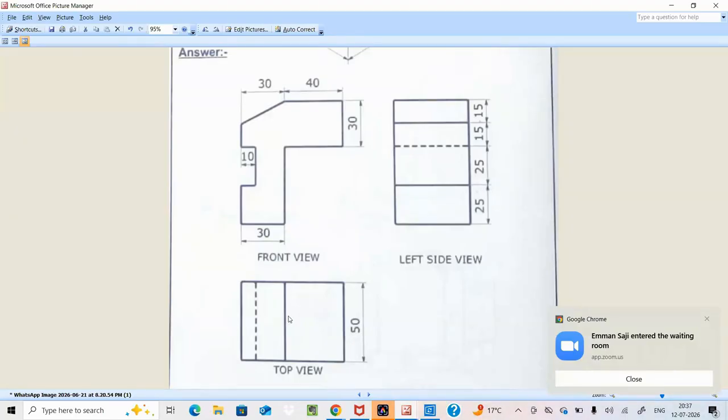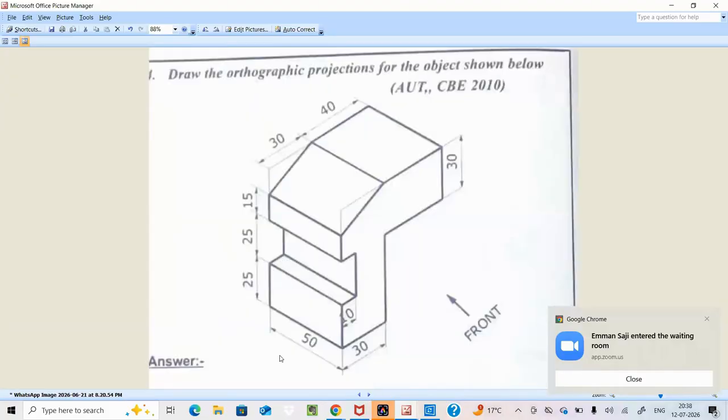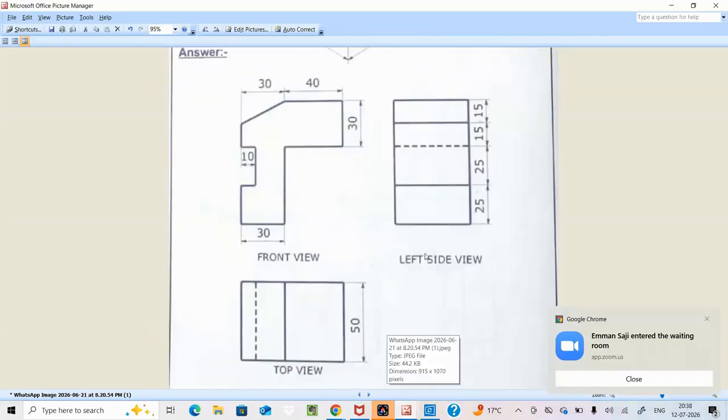Whatever the drawing, the front view will be on the top and the top view will be below that one. And on the right hand side, listen here, I'm just repeating it. On the right hand side, you will be drawing the left side view. Why? Because in this drawing, the left side view is completely visible. So for that purpose, we are drawing the same on the right hand side.